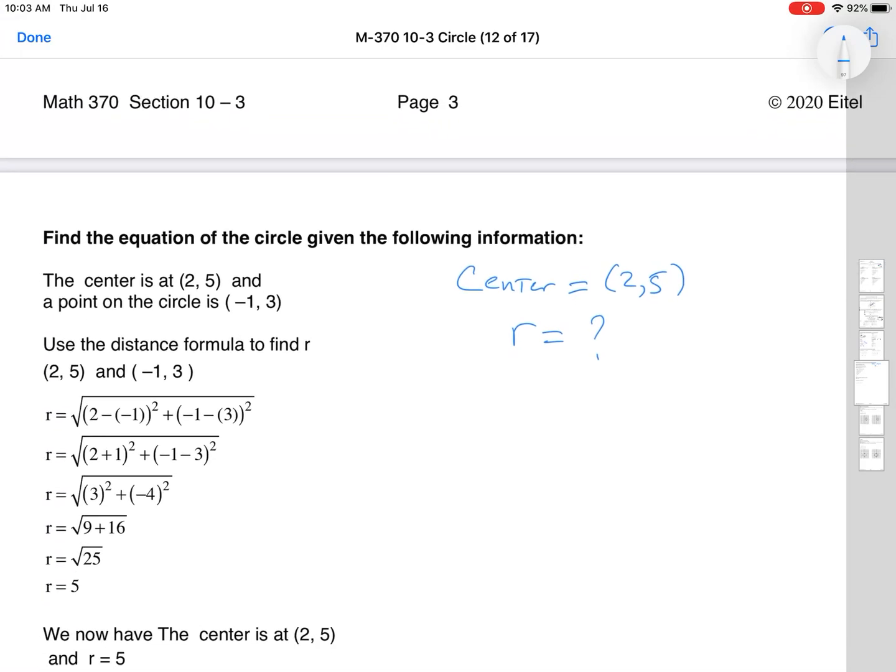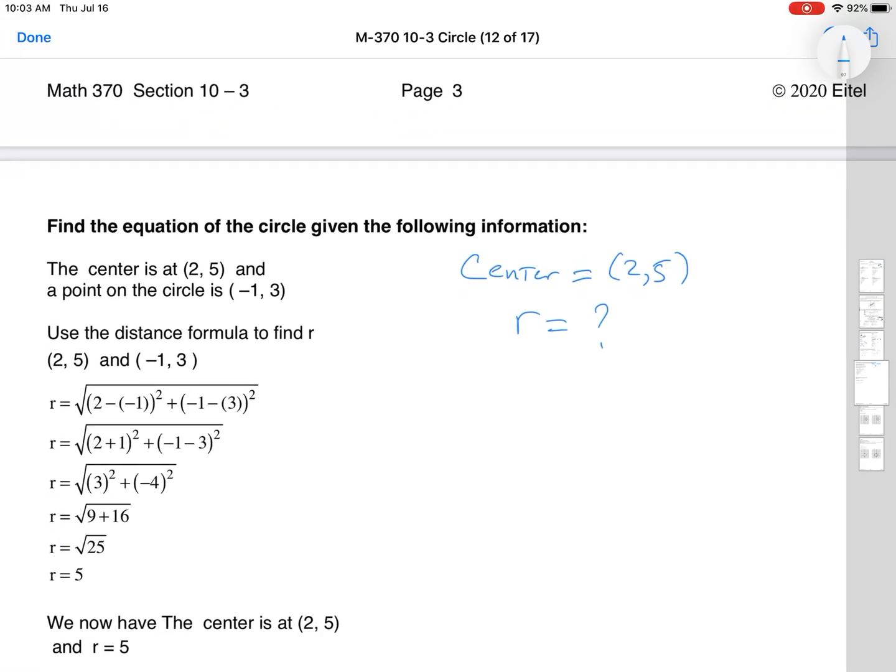And so you can see that work being done here, where we take a subtraction of the x's and square it, a subtraction of the y's and square it. And this looks a little bit off, doesn't it? Let's take a look at this guy right here. So here we have r. Let's go ahead and follow it to a t.